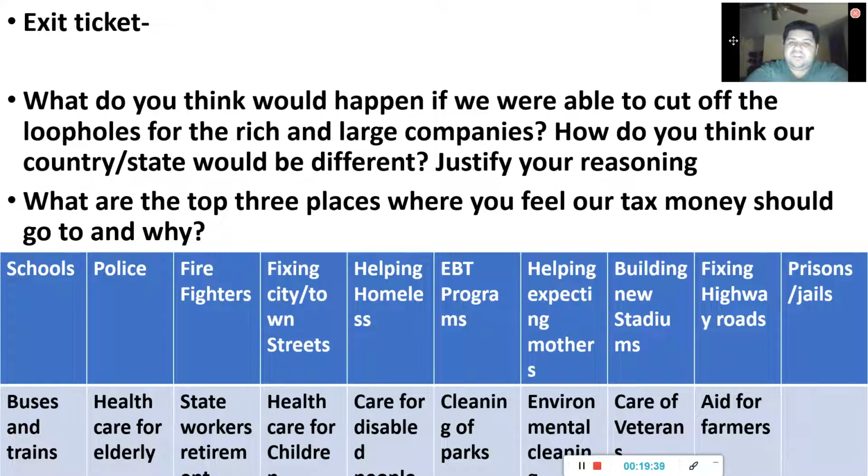Should it be towards the buses and trains, healthcare for the elderly, state worker retirement, people who worked for the state, they should get more money in retirement, healthcare for children, care for the disabled people, cleaning of the parks, environmental cleanup, taking care of the veterans, helping farmers? If there's a bad season and their crops die, they can have help. Of all that list, what are the top three you feel our tax money should go to helping? What do you think our money should be going to?